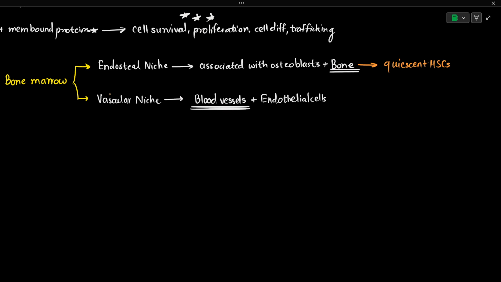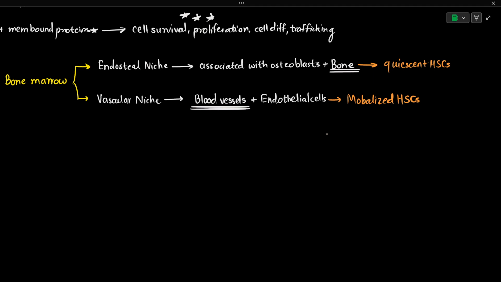The hematopoietic stem cells found in the vascular niche are known as mobilized, because they are not residing in the bone marrow.